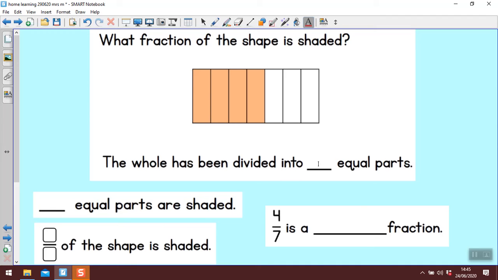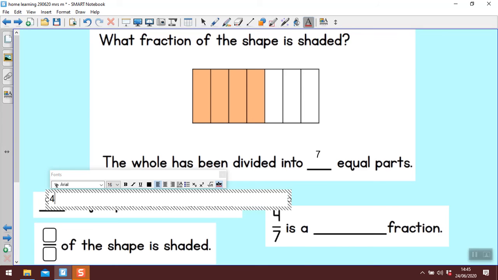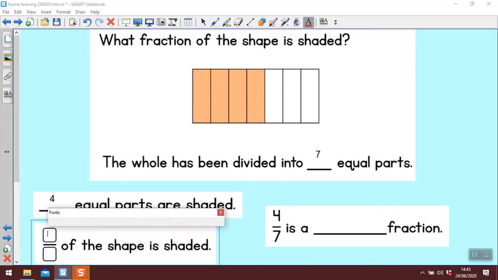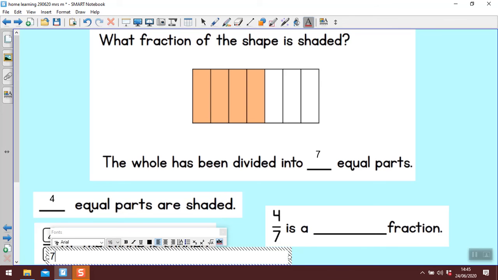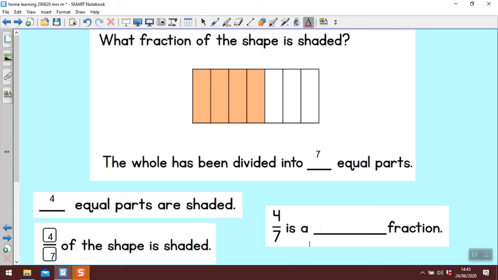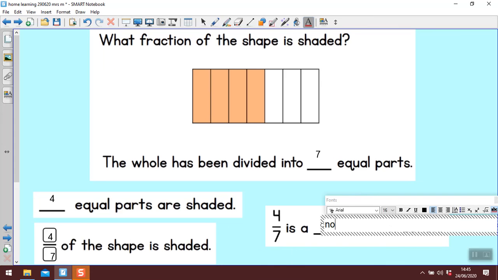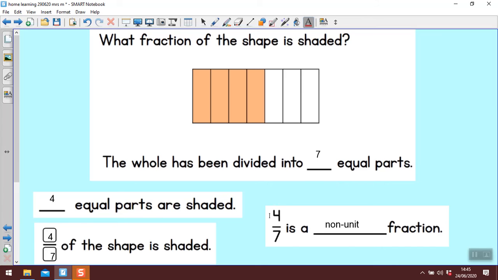So the whole has been divided into 1, 2, 3, 4, 5, 6, 7 equal parts again. How many equal parts are shaded? So 4 equal parts are shaded. So 4 out of 7, 4/7 is shaded. And 4/7 is a non-unit fraction because its numerator is greater than 1.